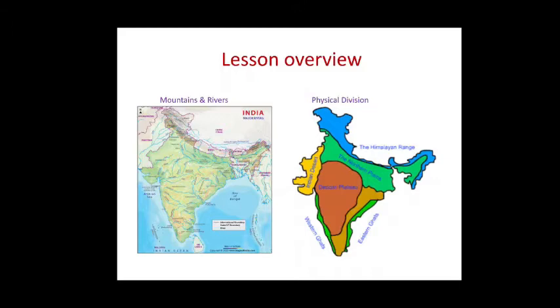There are numerous ports on this coastline; when you go to 10th standard, you will learn all the details. So Coromandel coast, Konkan coast, Malabar coast, where they are on the map, how many ports there are, which are natural ports and which are man-made ports, all the related information will be given in the next class.